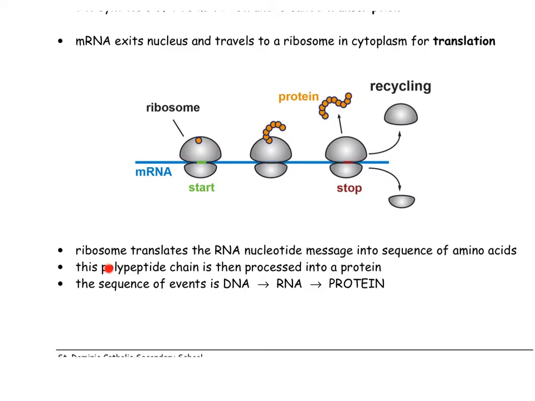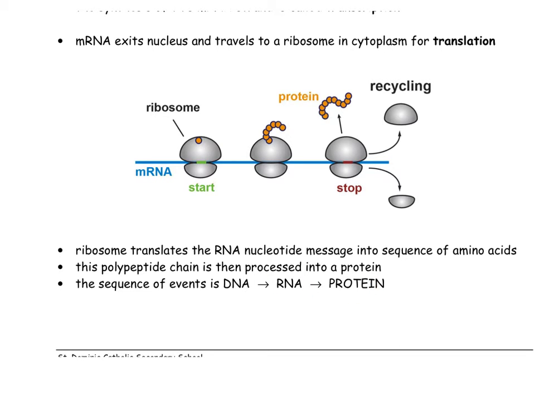The ribosome translates the RNA nucleotide message into certain amino acids, and you end up with a chain of amino acids that becomes a polypeptide and then a protein. If we had to sum it up in 3 main steps, we would say the DNA becomes RNA and the RNA becomes protein.